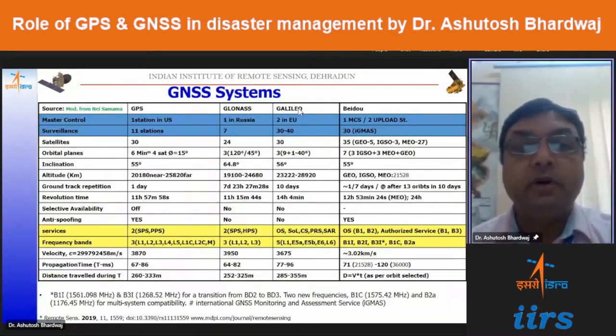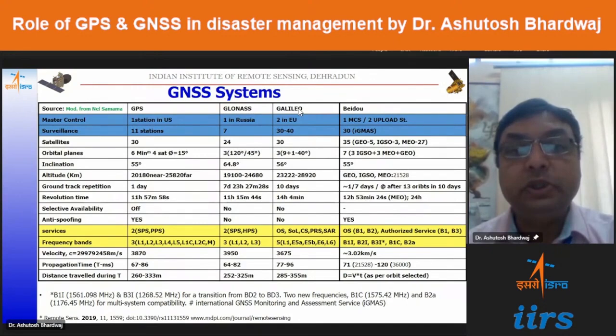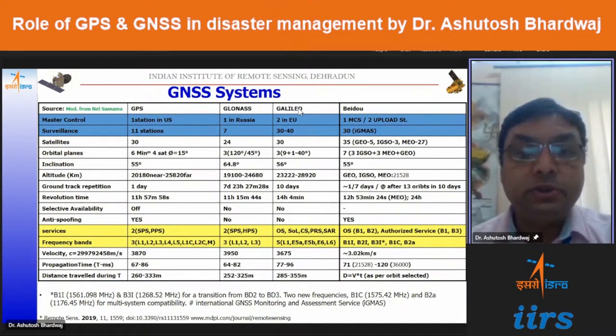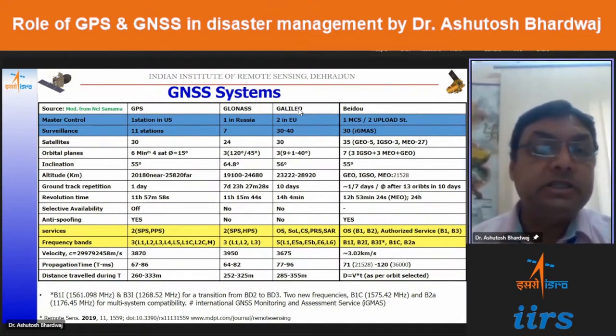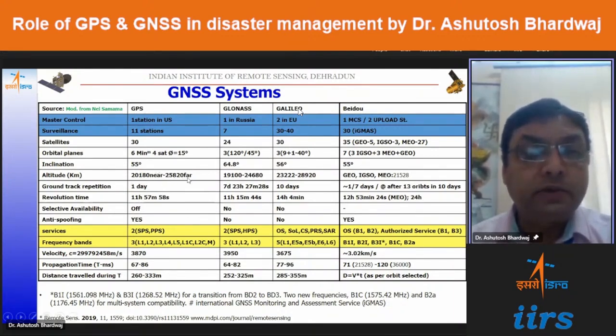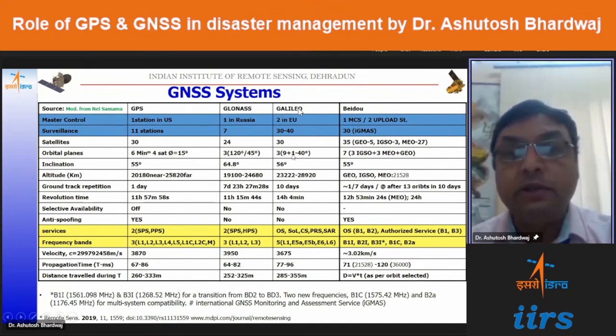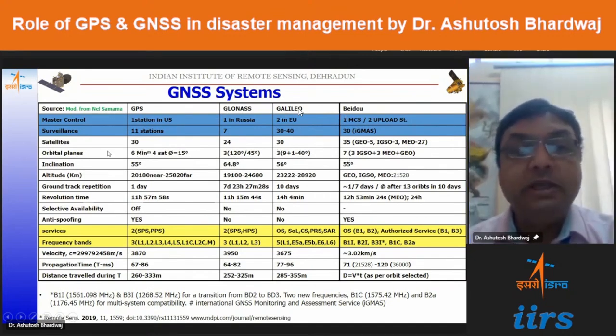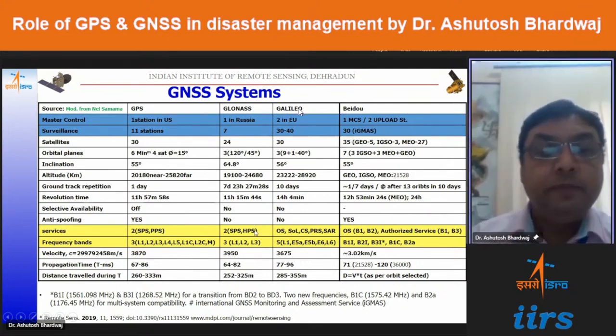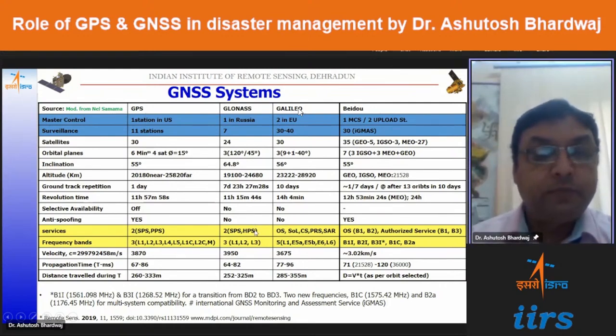This is a comparative table for the GPS. So this table shows the various services, their nearest and farthest distance from the Earth. So apogee, perigee values are there, inclination values are there, orbital planes, how many orbital planes are there? So in GPS 6 are there, GLONASS 3 are there, Galileo 3, BEIDOU 7. How many number of satellites are there? So like that, this table gives a comparative statement for that.